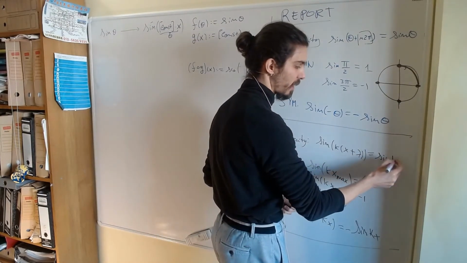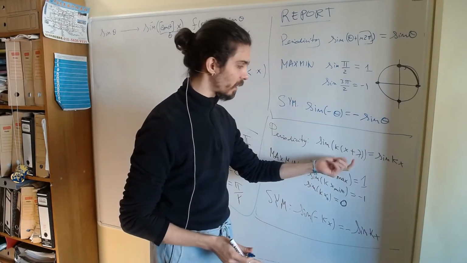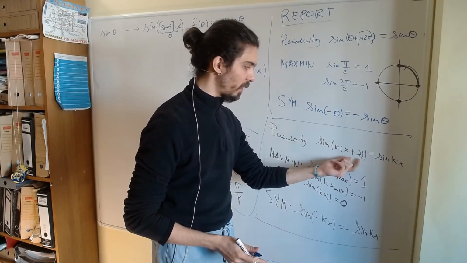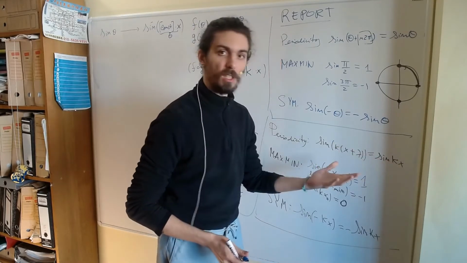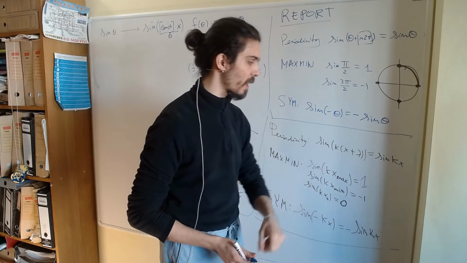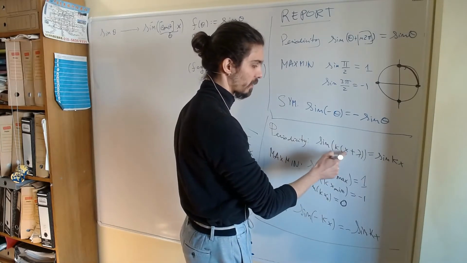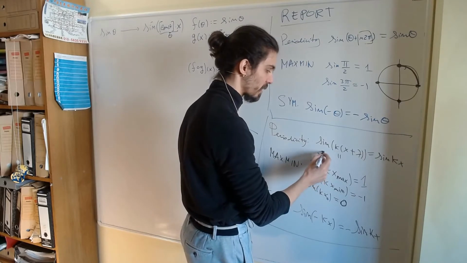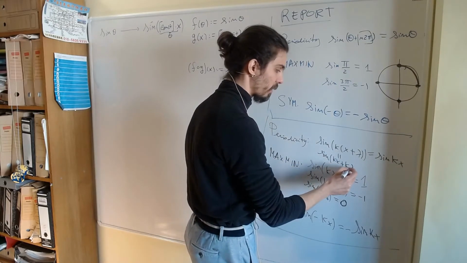So sine kx. So adding this lambda number, lambda is a Greek letter, it's a period. If you add lambda to x, well, it doesn't change the calculation. It's still sine kx.